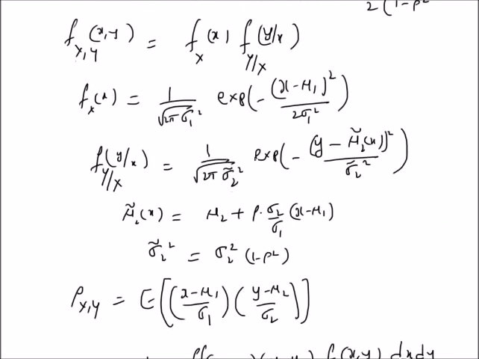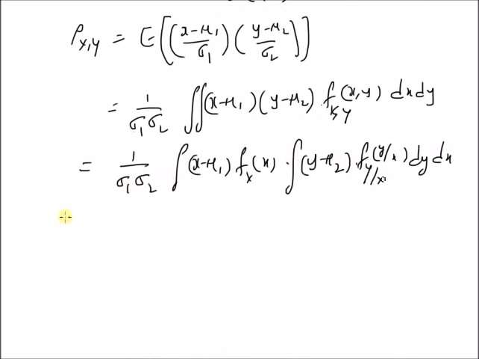Now by using the expressions from the results of a previous video, we can rewrite this as 1 by sigma 1 sigma 2 integral of (x minus mu 1) into f_X(x), and the inner integral is basically the integral of y into the conditional PDF dy, which is the mean of the conditional PDF, given by mu 2 tilde of x.